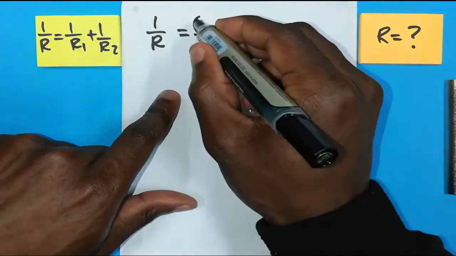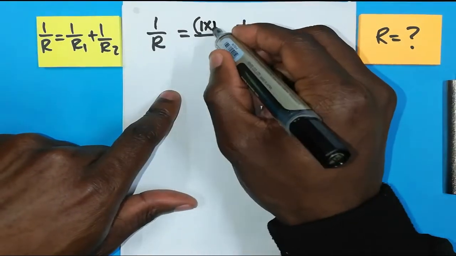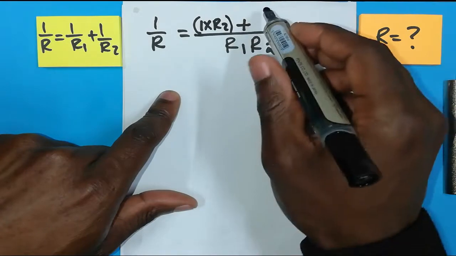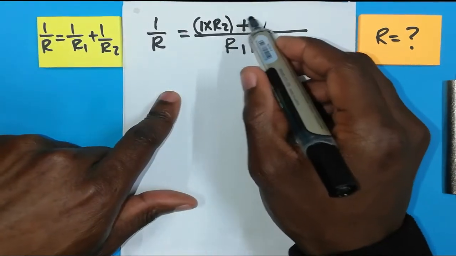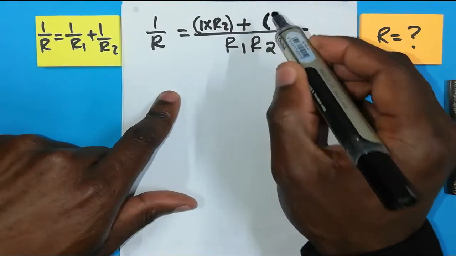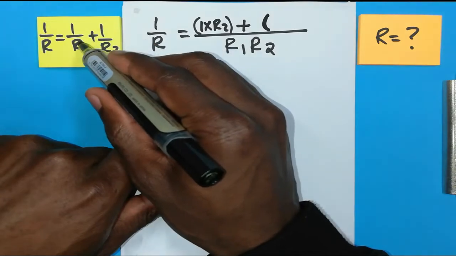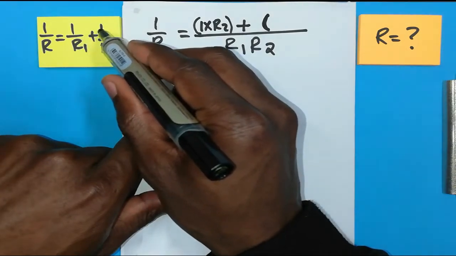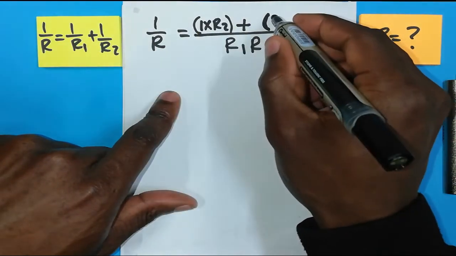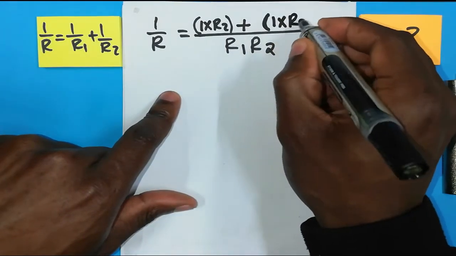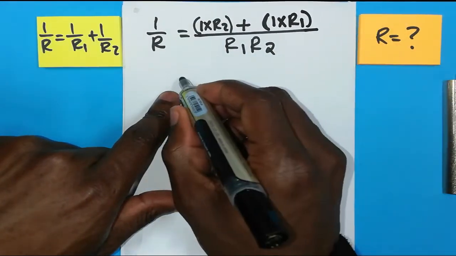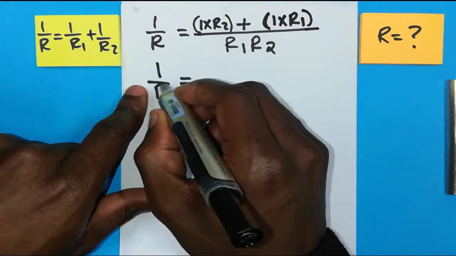So it will be 1 multiplied by R2, and then on this side of the positive, I'm going to multiply the numerator with the diagonal denominator, which is 1 multiplied by R1. So this side I still have 1 over R.